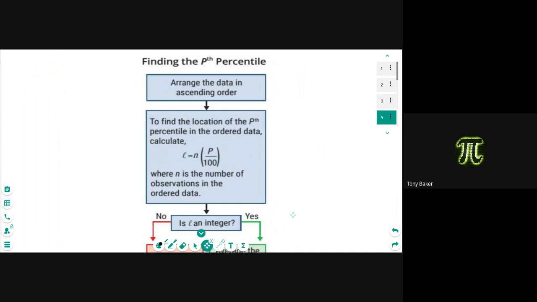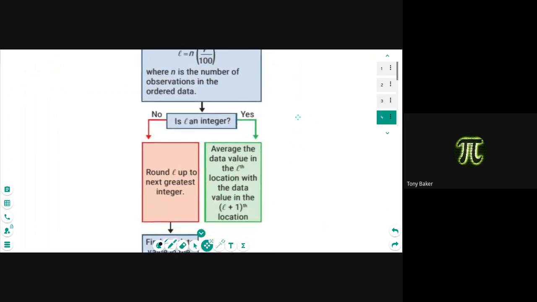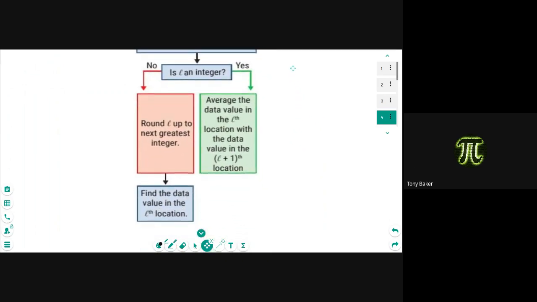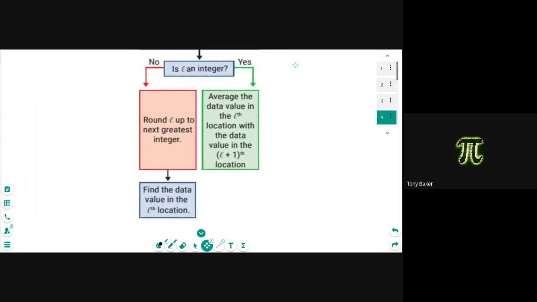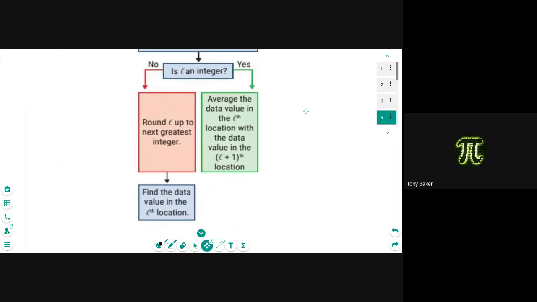The next part is important. If that L comes out to be an integer, what's an integer? Yeah, no decimals. If it comes out to be an integer, which means no decimal, we need to do one thing. And if it comes out to not be an integer, we need to do a different thing. If it comes out to be an integer, you need to take that number and the one next to it and average them.